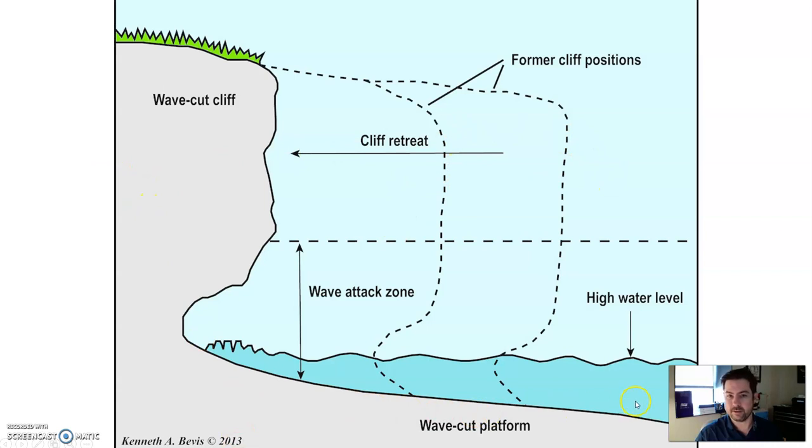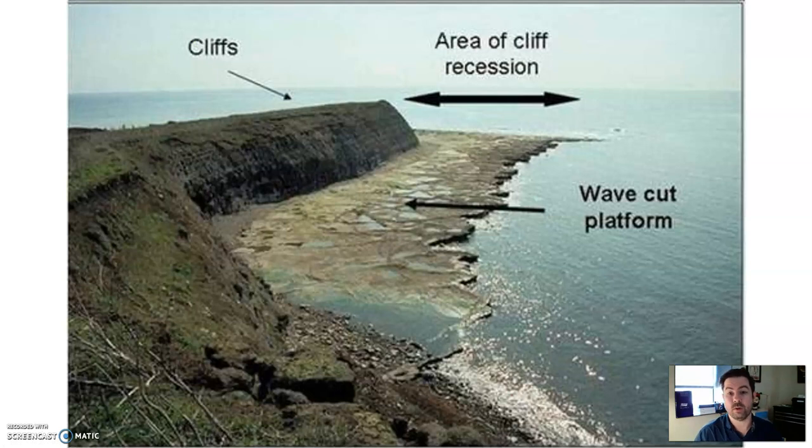However, there's a part of that hard rock that is just not eaten away, that's underwater. That's the wave-cut platform. And at low tide, that wave-cut platform could be exposed. So this is all the same rock, but as the high tide comes in and waves come in, it eats the bottom of this right here, and then the cliff falls off, retreats back, creating more wave-cut platform.